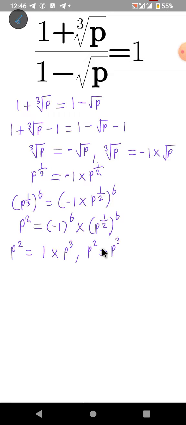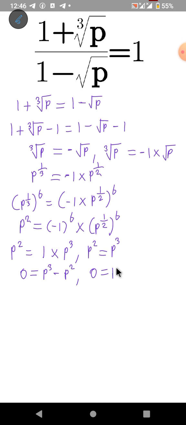Then we continue again. I'm going to take this p squared now to the right hand side. So we now have 0 equal to p raised to the power of 3 minus p raised to the power of 2. Then we write again 0 equal to, I'm going to factorize. p squared is the HCF here.